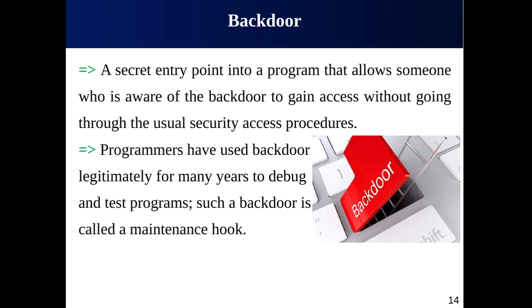Initially, programmers used backdoors legitimately for many years to debug and test programs. Such backdoors were known as maintenance hooks. So backdoors, which are like secret entry points, are bits of code embedded in programs by the programmer to quickly gain access at a later time, often during the testing or debugging phases.